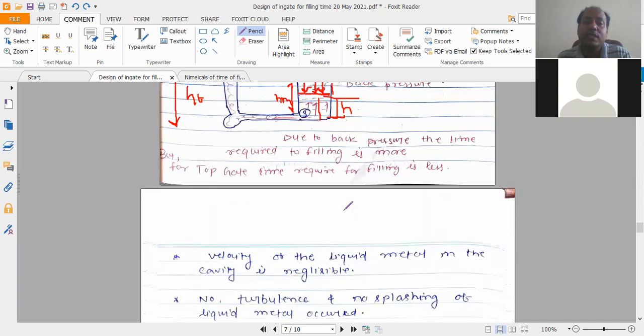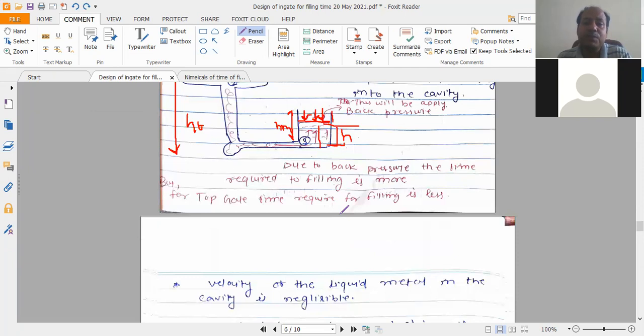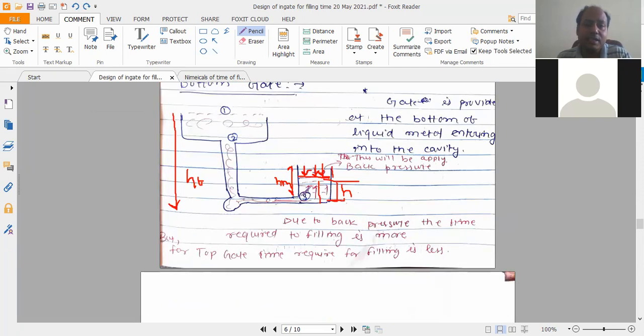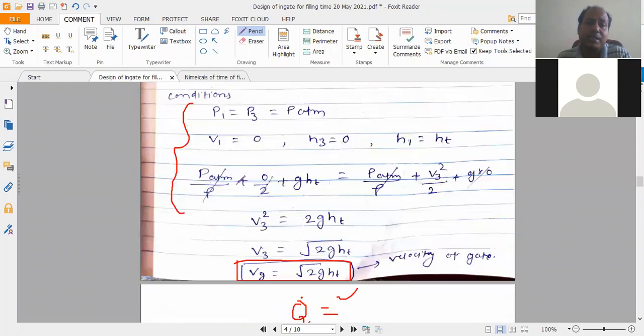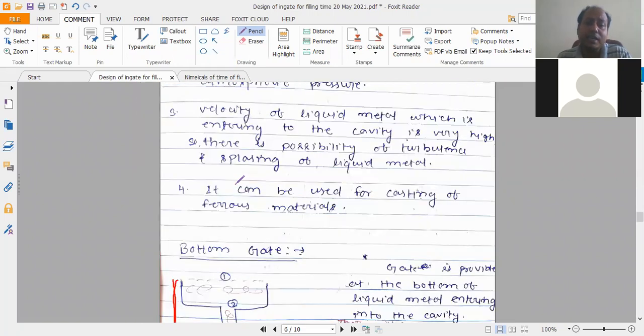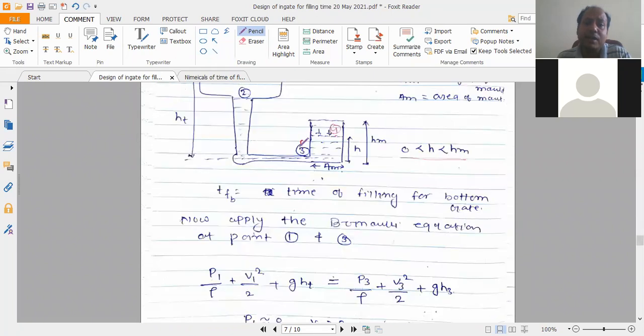So let's see the first assumption we have taken. For the top gate the height is also HT, so the pressure will generally be higher there, but the velocity with which the metal is poured into the mold cavity will be kept very low, so that turbulence and splashing can be avoided.